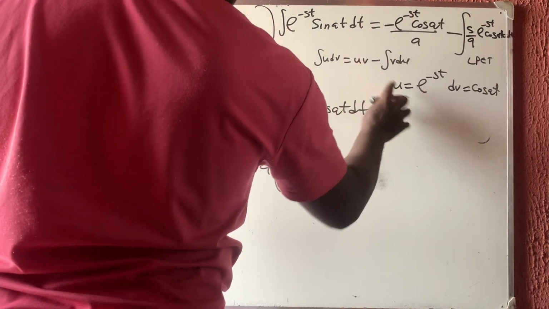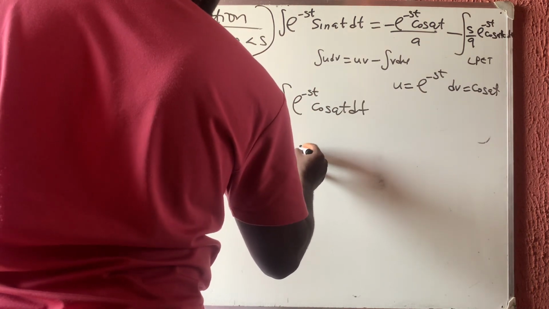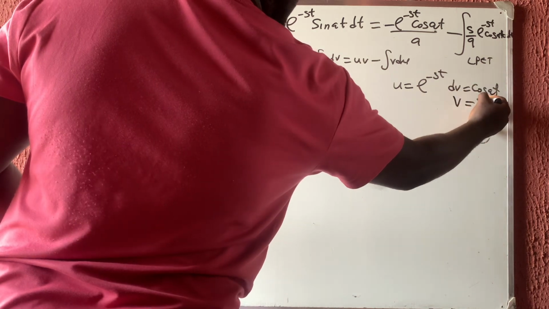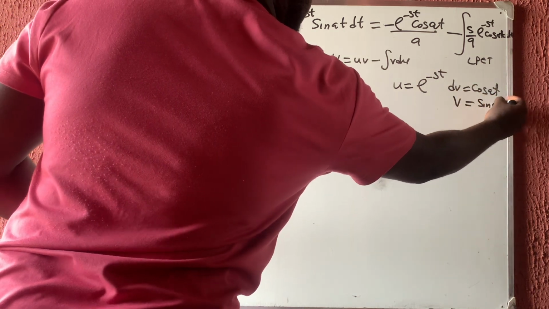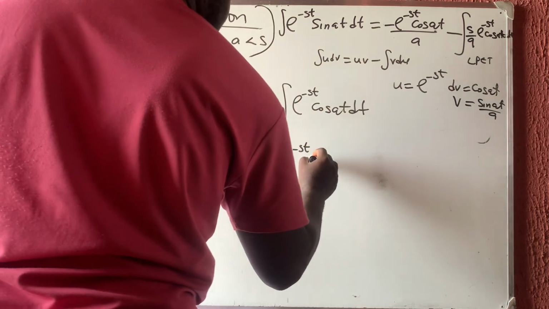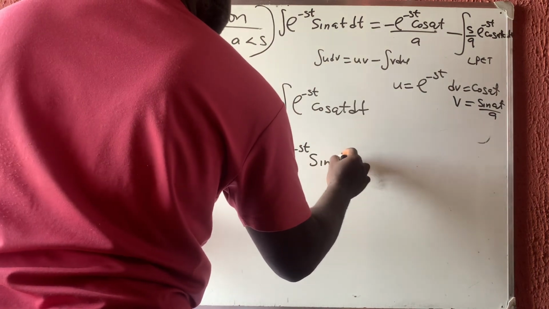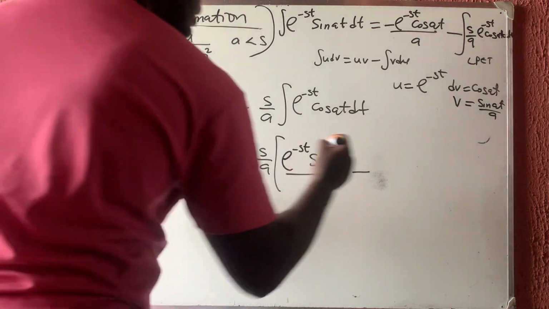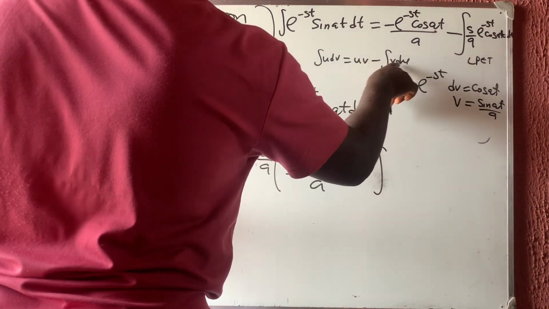So for uv, our u is e raised to power minus st. Our v here will be integrating this to have sine at over a. So this is sine at over a minus the integral of v du.